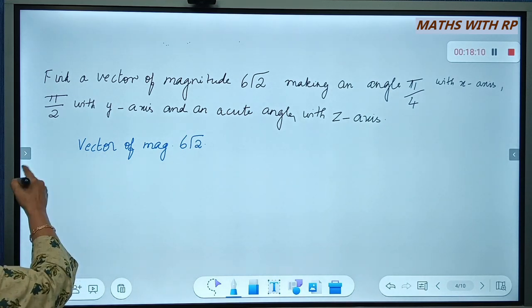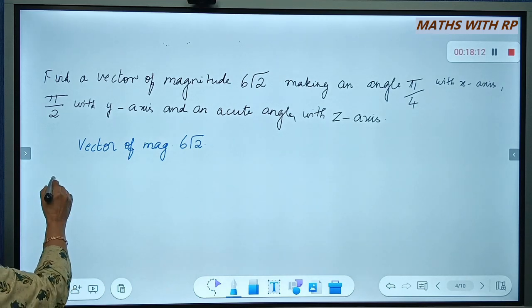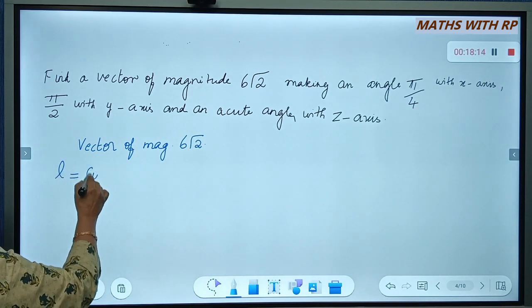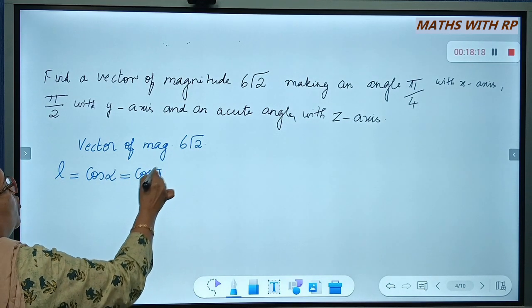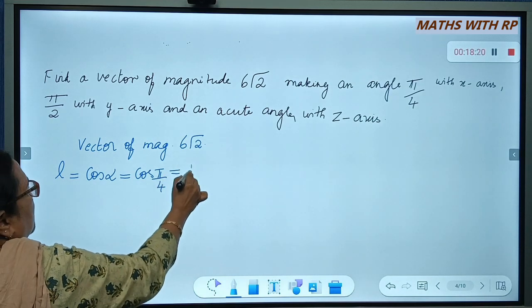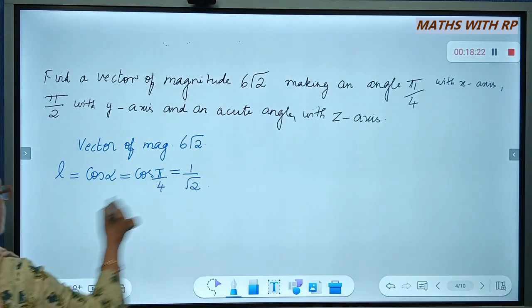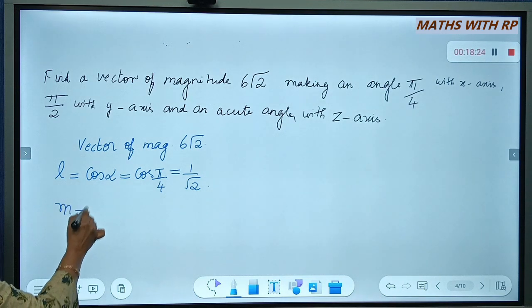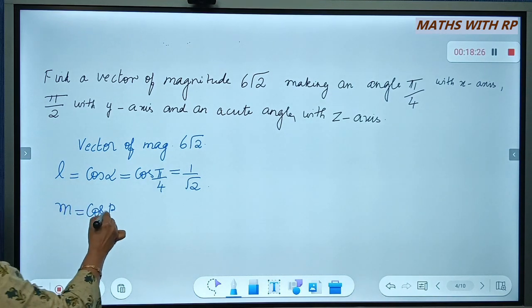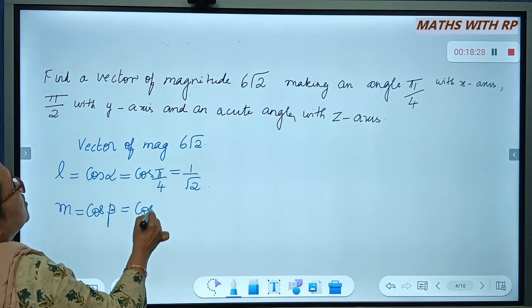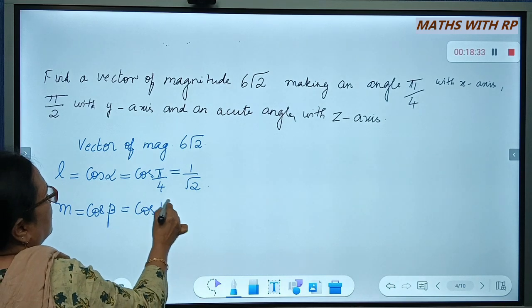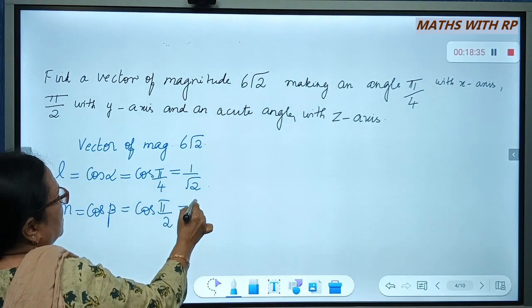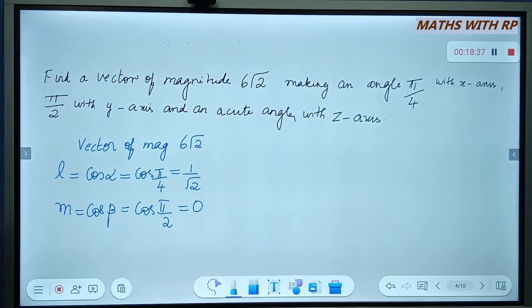So, since we know the angles, can we find l, m and n? l will be cos alpha, which is cos pi by 4, which is 1 by root 2. m will be cos beta, which is cos pi by 2, since it makes angle pi by 2 with the y-axis, which is 0. How do you find n?